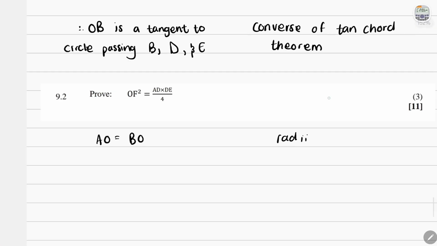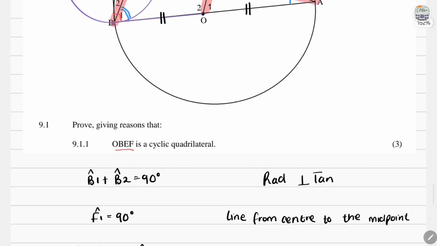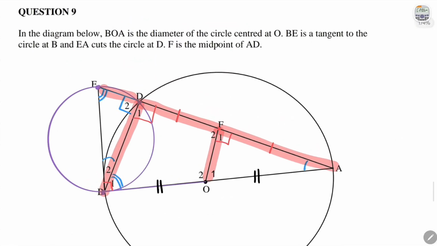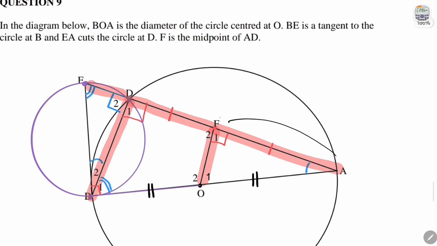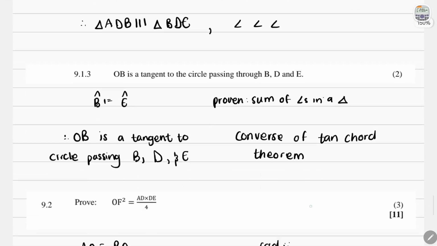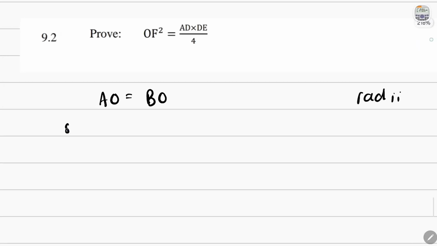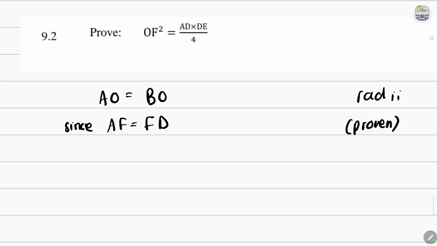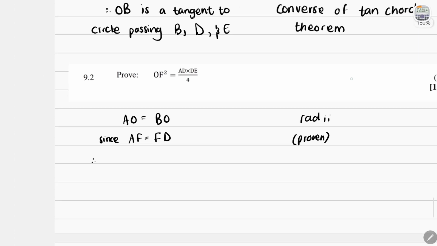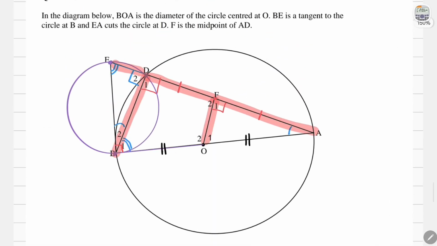Now, since those two are equal, we now have the midpoint theorem here. We can also just tell them that AF was already equal to FD. We had proven that. So I'll just go ahead and say, since we knew that AF was equal to FD, because this was already proven, then this would mean that the midpoint theorem is true here.